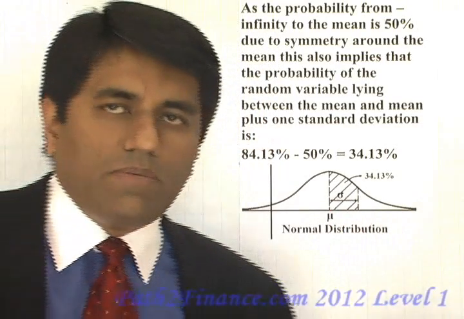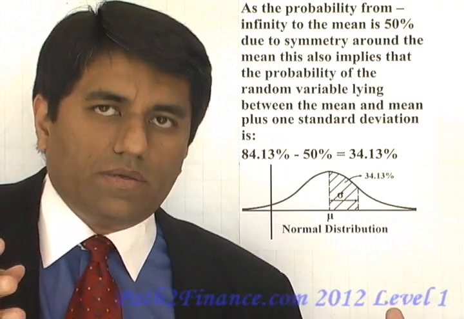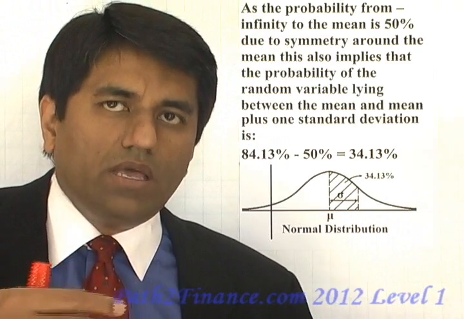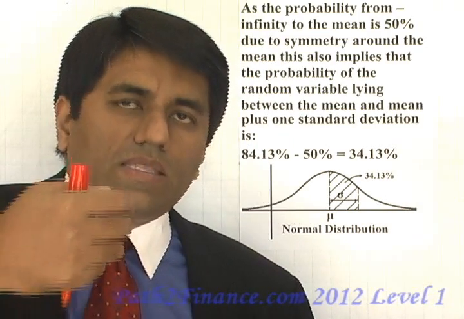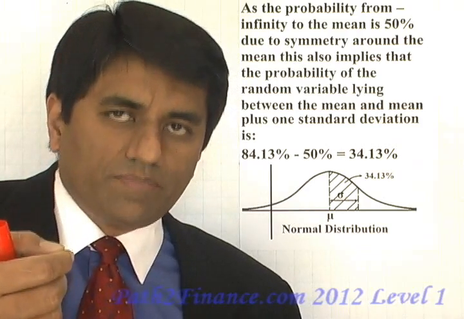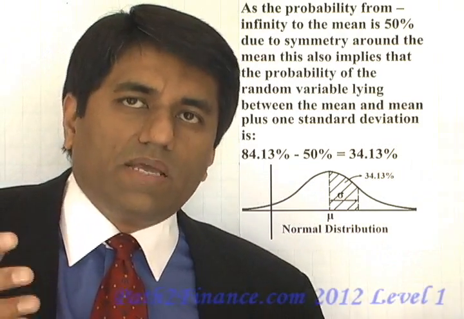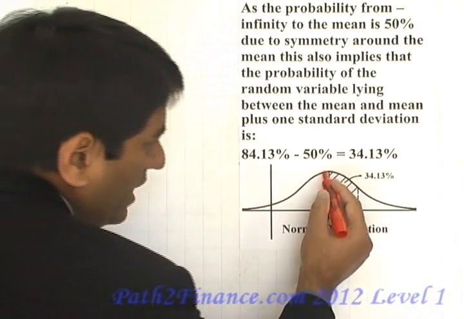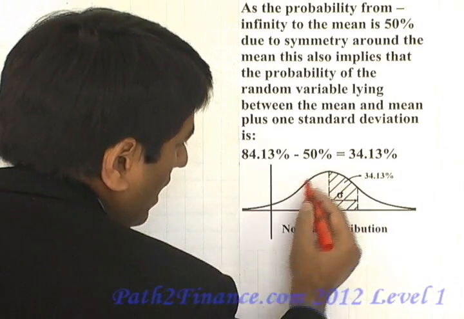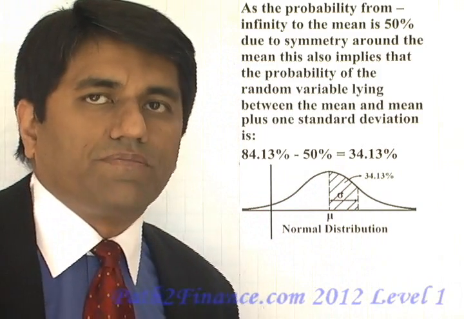And what is the total probability? Well, the total probability is 1. That's by definition the probability of the variable taking on some value has to be, if you take all possible values, equal to 1. Therefore, this probability is half.